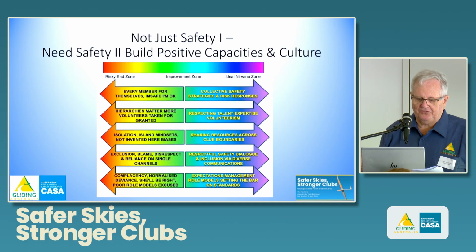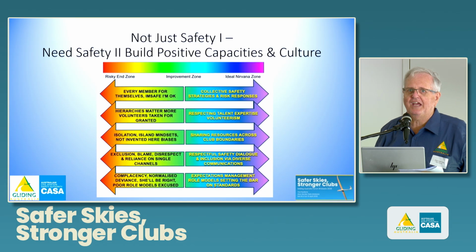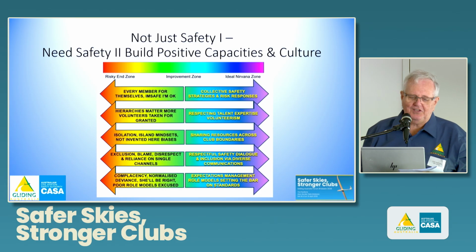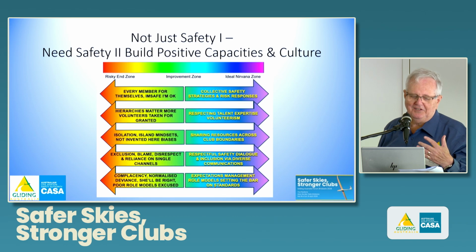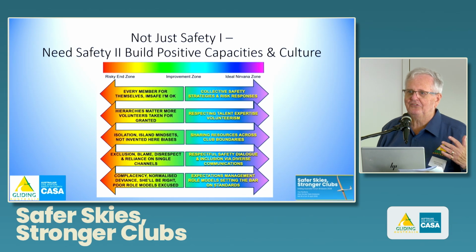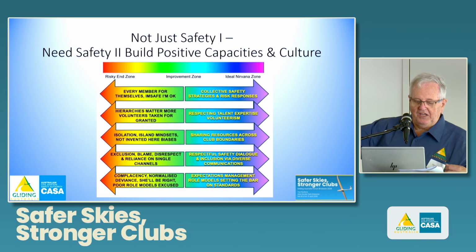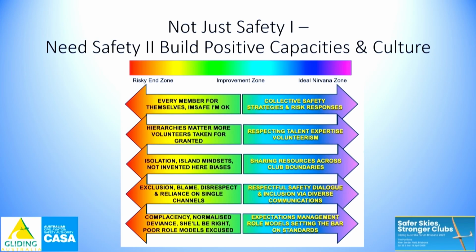The positive conversations need to be looked at, and we put this in a safety bulletin recently that looked at spectrums of success, and you might assess yourself or your club as being in the red end on some things like island mindsets or not-invented-here biases, or inclusive and positive nirvana capabilities, which are all about sharing resources and insights across boundaries.